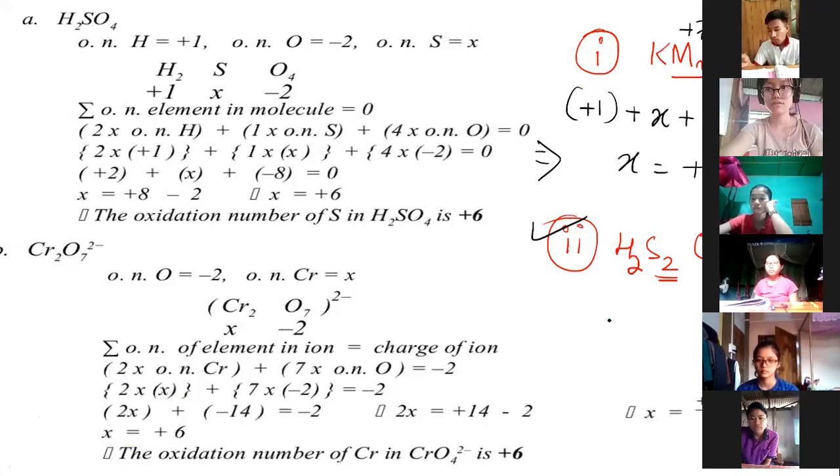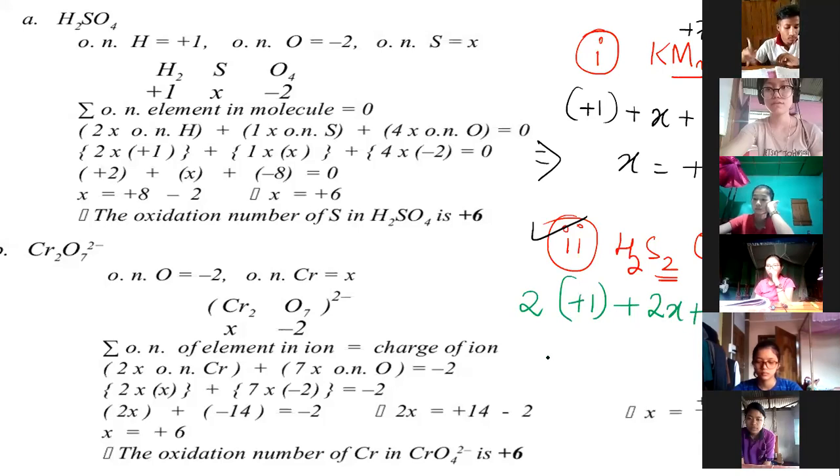So let us see how +6 is derived. +1 multiplied with 2, plus twice x, plus 7 times minus 2, equals 0. So x comes out to be +6. Very good. The oxidation states of the species have been found.